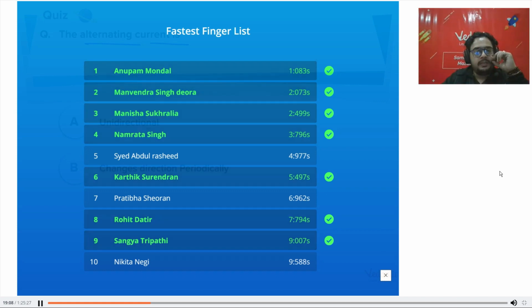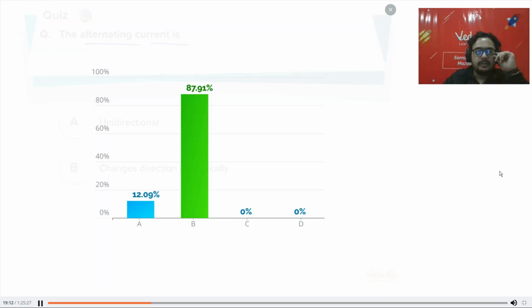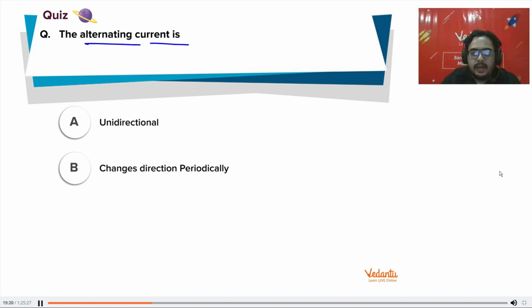So Anish, Yuvraj, Sherdil, then Mansi, Ayush, Nishant, Sri Akshay, Shubham, Naganath and Niyati are correct. 87% of the class is correct, but I'm sad that 12% of the class is wrong. I don't know how people can be wrong. Alternating current changes direction periodically.